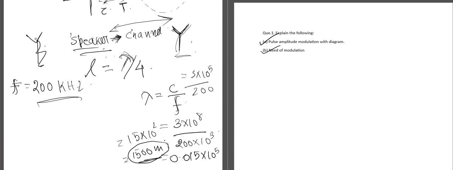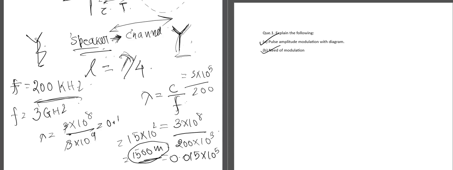So for this reason, we use modulation to increase the strength of the signal. Now let us say this 200 kilohertz signal, after being modulated, now has a frequency of 3 gigahertz. So now lambda is equal to 3 into 10 to the power 8 divided by 3 into 10 to the power 9. Okay, so now it is 0.1 meter, which is equal to 10 centimeters. So if length is equal to lambda by 4, and lambda is 10, so 10 by 4.